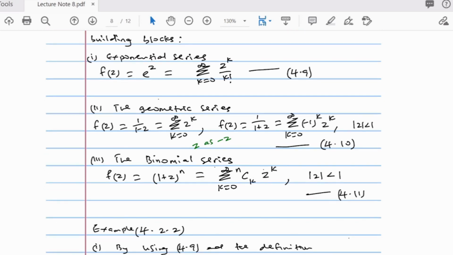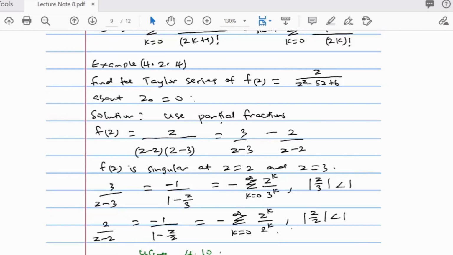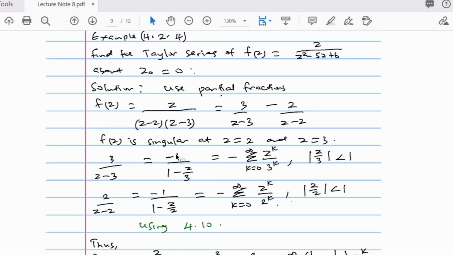So let's go down a bit. Now we have this. Your minus 1 is out. You replace your z as z over 3. So that will be the summation for k equal to 0 to infinity of (z over 3) raised to the power k. This is the radius of convergence of this power series, that is, the absolute value of z over 3 less than 1.